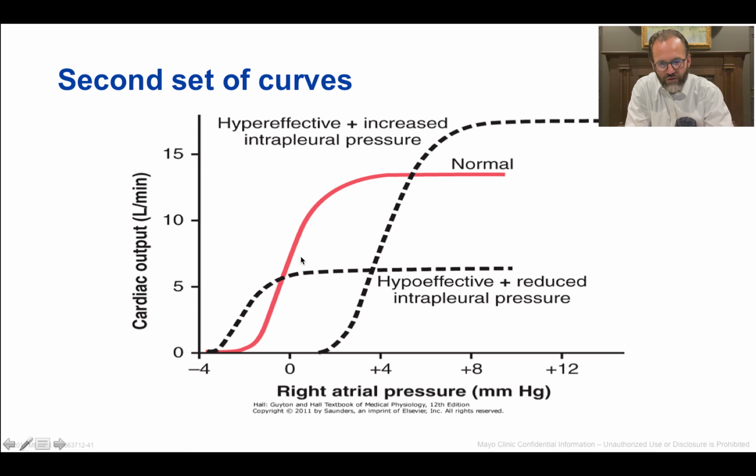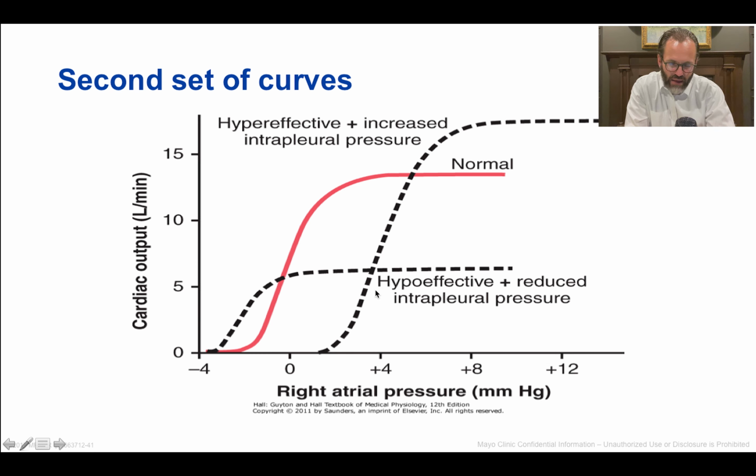It's right shifting this curve substantially, so that you get a filling pressure and transmural pressure gradient that is sufficient to equal preload here, and then ultimately increase cardiac output higher because of the higher state of contractility.